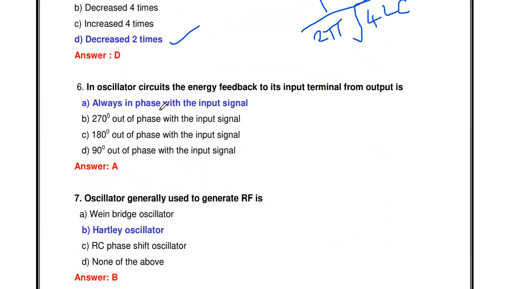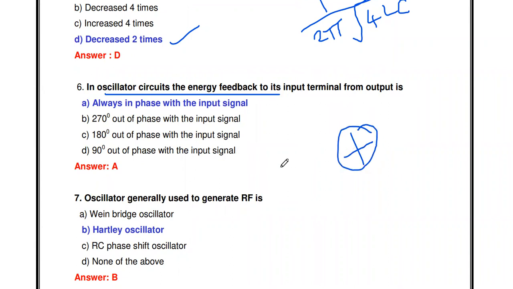Then the next one, in oscillator circuit, the energy fed back to the input terminal from the output is dash. In oscillator, already you know, compulsorily we have to use which feedback? Positive feedback. What does positive feedback mean?